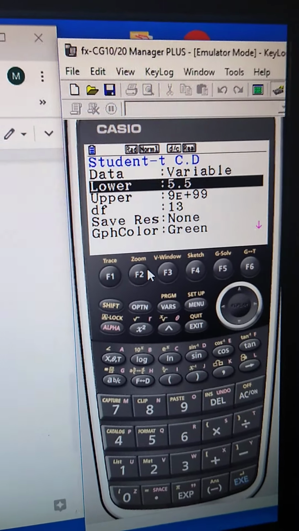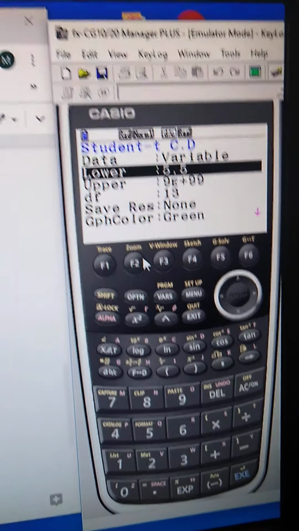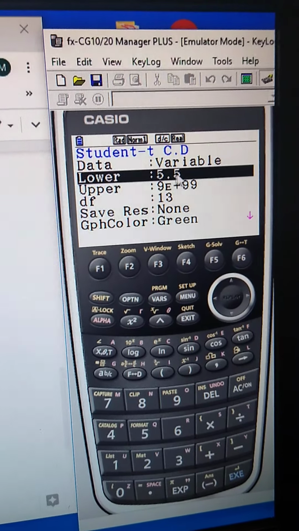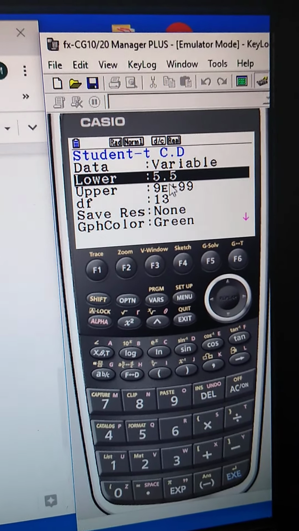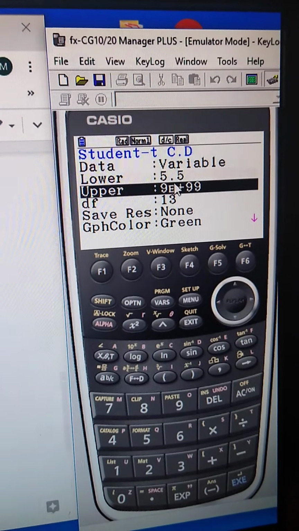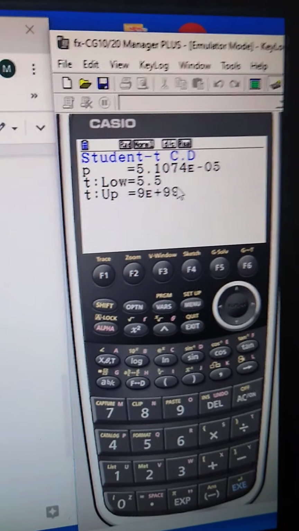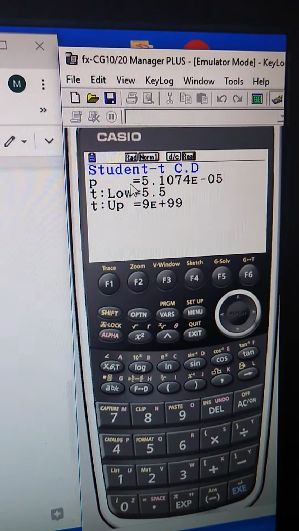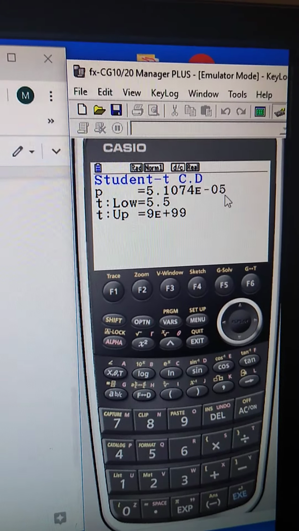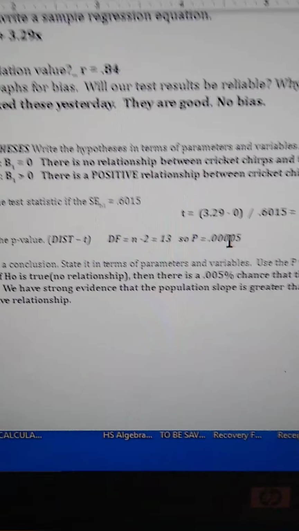And I'm going to have my lower be 5.5. It's a positive t-score. We always go towards the tails. If that was negative, I would flip-flop these and put negative infinity for the lower up to my t-score. But anyways, I have 5.5 for the lower to infinity, degrees of freedom 13, n minus 2. And I can see, there we go, p-value, scientific notation. P-value is 0.00005.